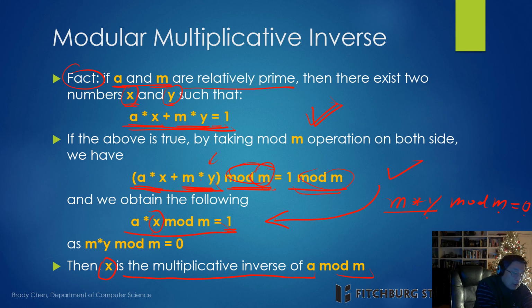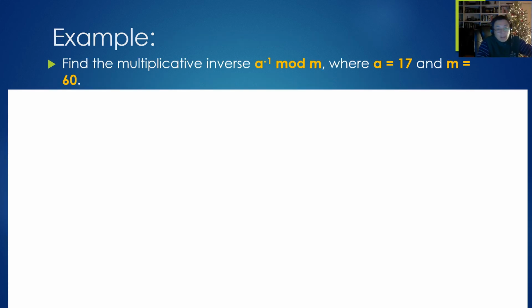Let's take a look at two examples. In the first example, let's find the multiplicative inverse a to the minus 1 mod m, when a is 17 and m is 60. Basically, we try to find the multiplicative inverse of 17 mod 60.